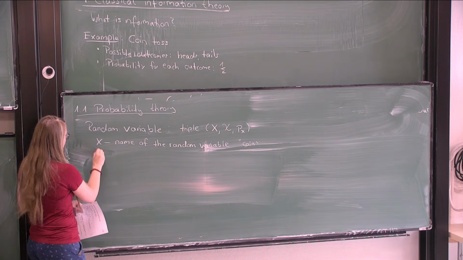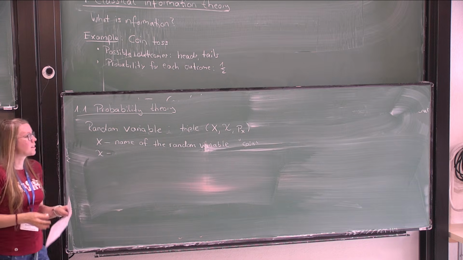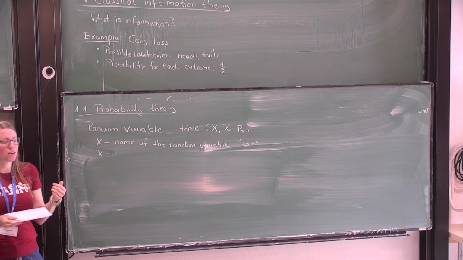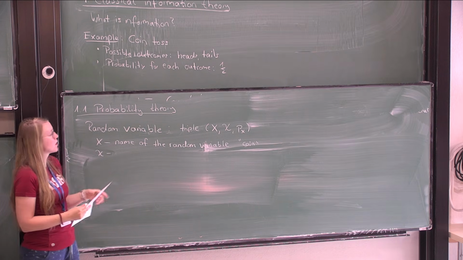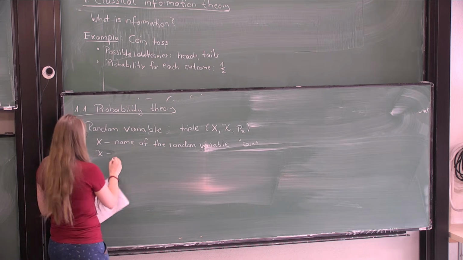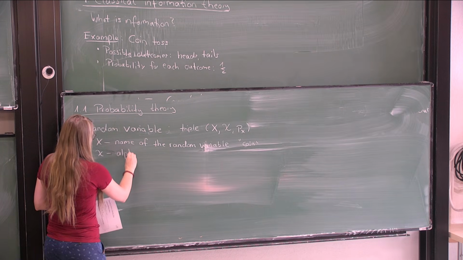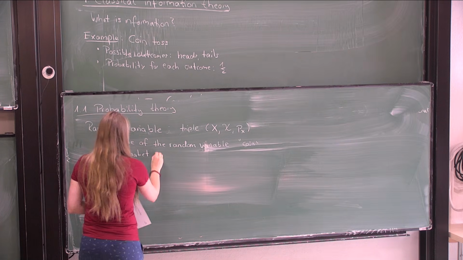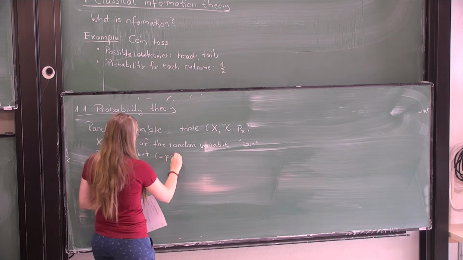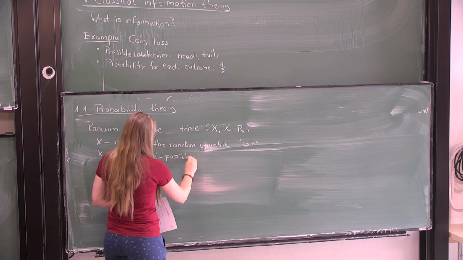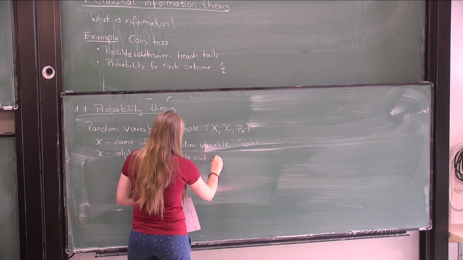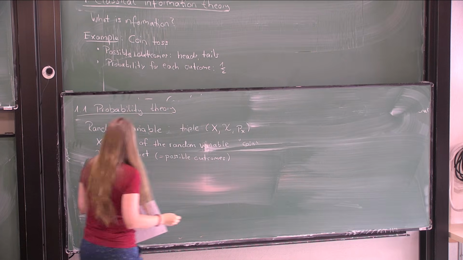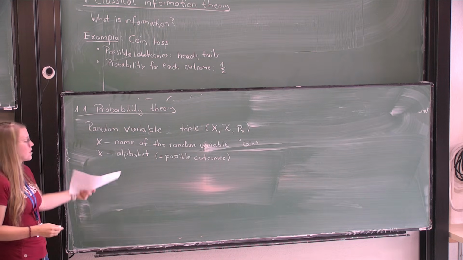And then the curly X is the alphabet of the random variable, so the possible outcomes that can happen. And this is a set.